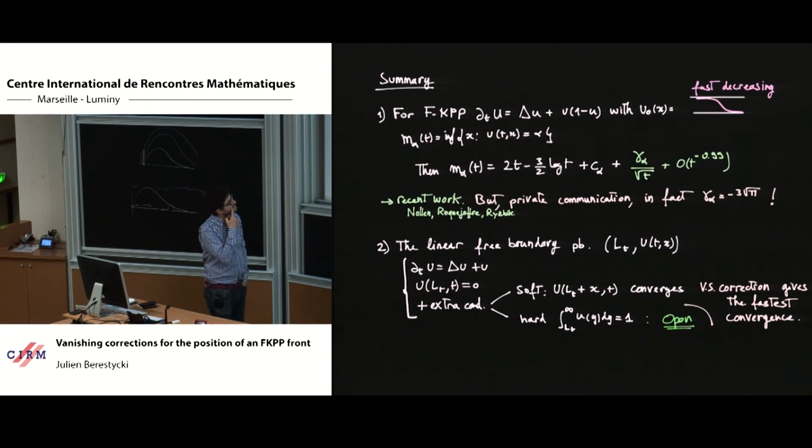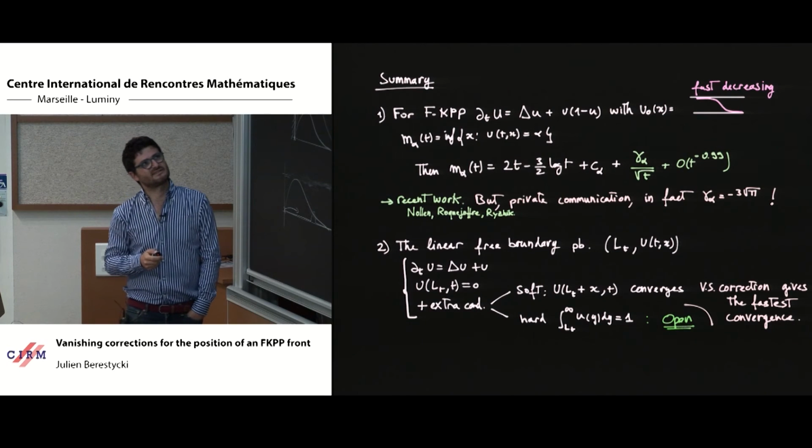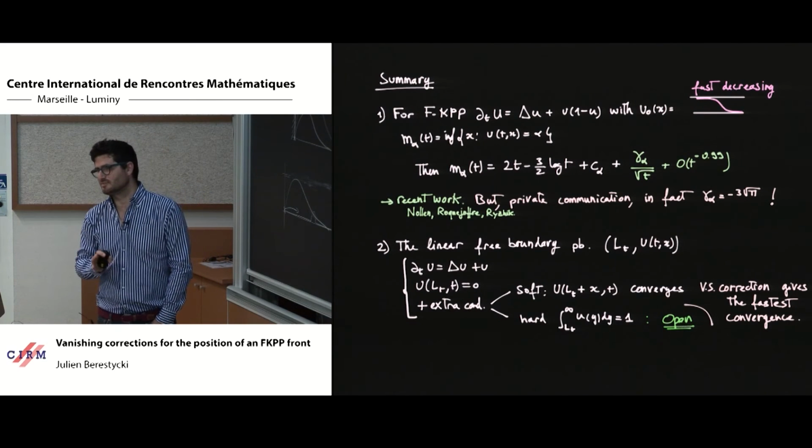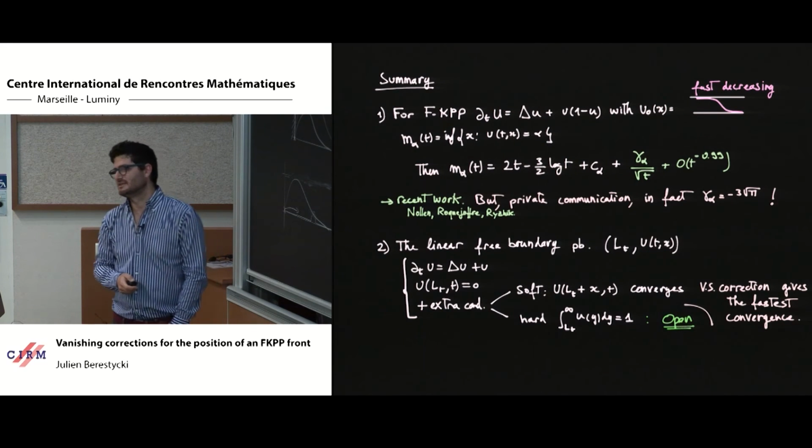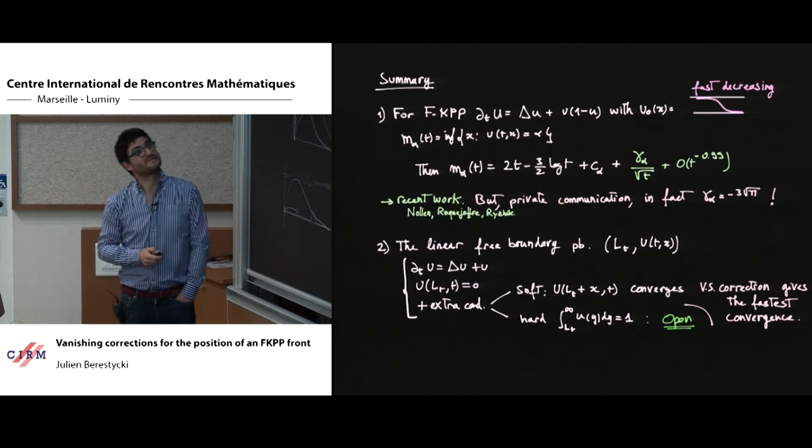But it turns out that if this were true, it would have some pretty strange consequences. And in fact, they've now changed their claim, and it appears that gamma of alpha is going to be minus 3 root pi, exactly as predicted by Ebert and van Saarloos. So all is well on this front.